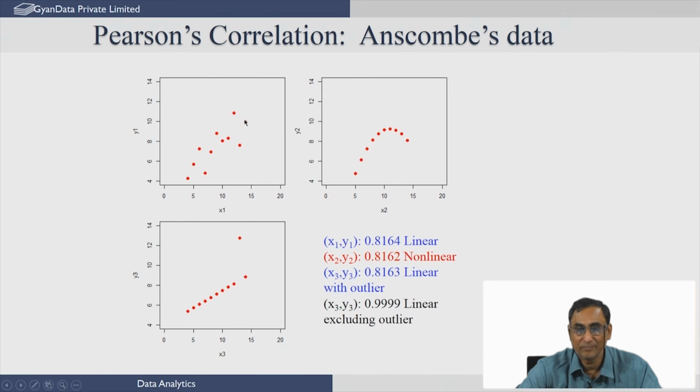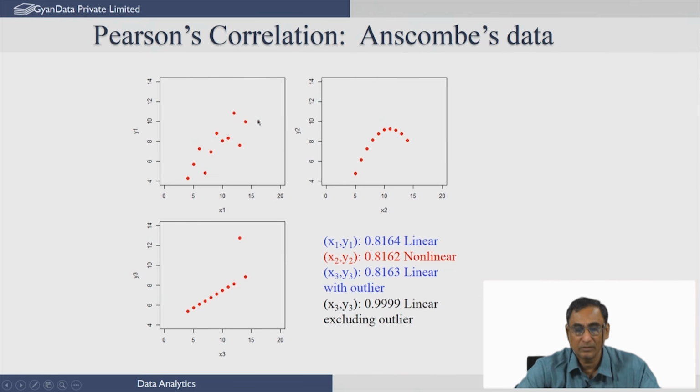In the second data, if you look at this figure, you can conclude that there is a non-linear relationship between x and y. And in the third one, you can say there is a perfect linear relationship for all the data points except one, which seems to be an outlier, far away from that line.